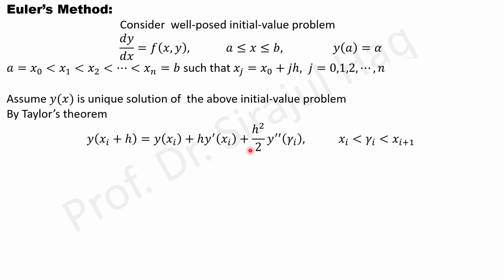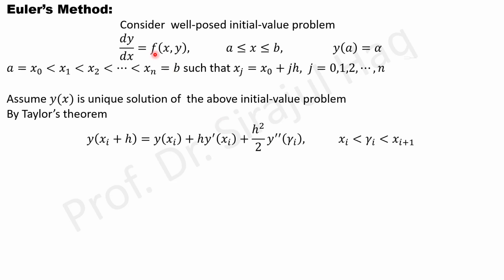Since I stop at this point, that's why I use gamma i instead of xi, and this gamma i has the same rule which you know from the beginning of numerical analysis, that is how we are selecting this gamma i, in the second order derivative of the function.